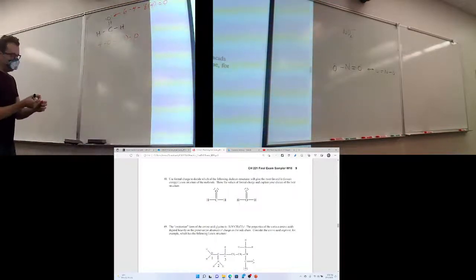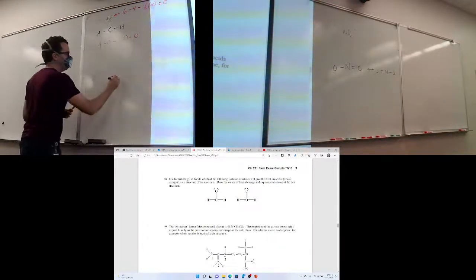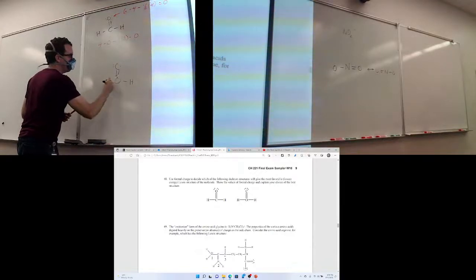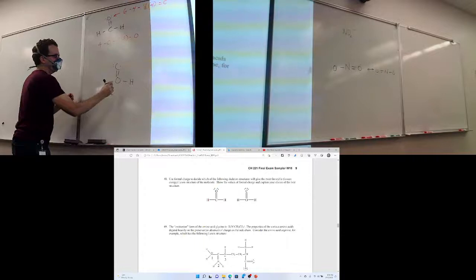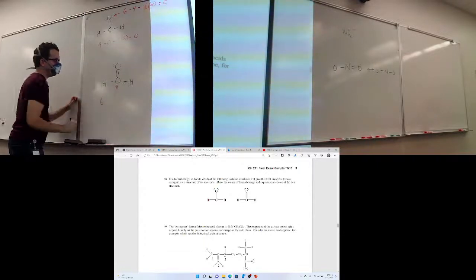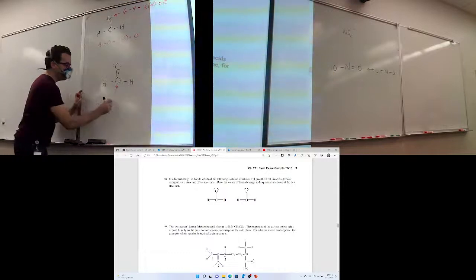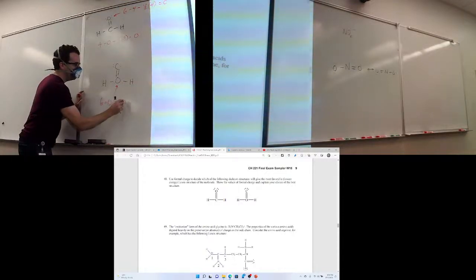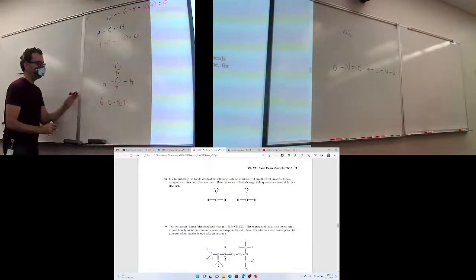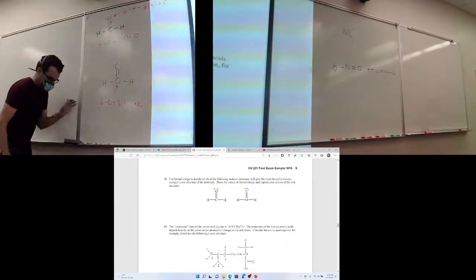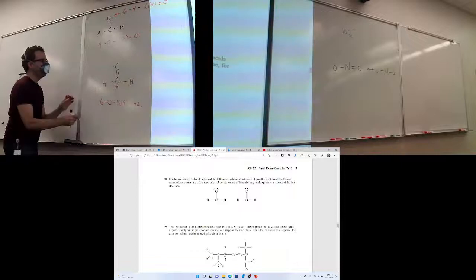So that looks like the right one. Just to be sure, if I drew it like this, this oxygen is 6 valence electrons minus no lone pair electrons minus half the number of bonding electrons. There's 8 bonding electrons, so 6 minus 4 is a plus 2, which is pretty bad.